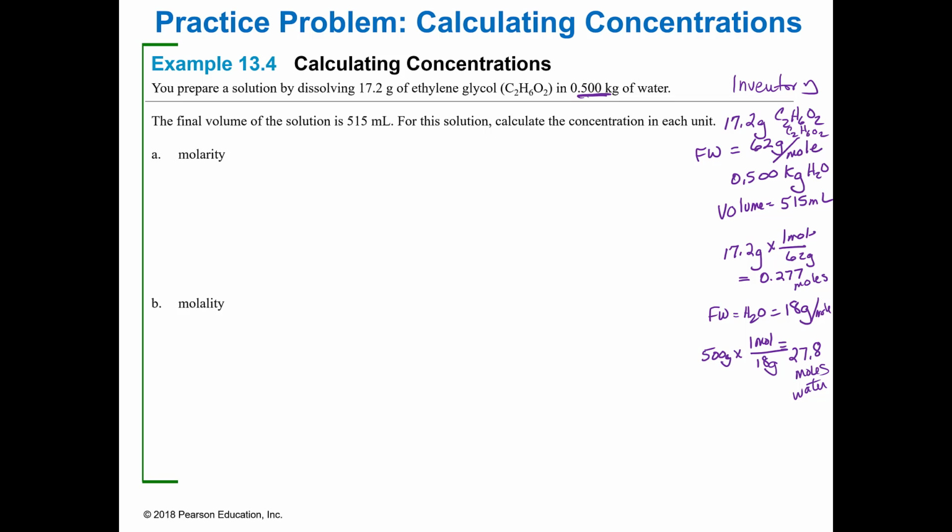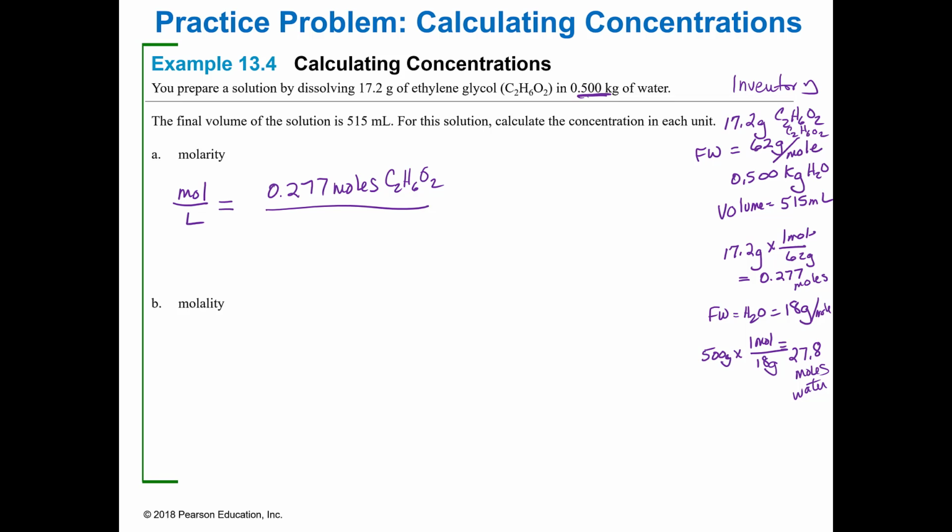The first one I've got to calculate is molarity. When I see that, I know that I'm going to need my answer in moles over liters. So this is moles of ethylene glycol per liter of solution. I calculated my moles of 0.277 moles of the ethylene glycol. And then how many liters did I have?